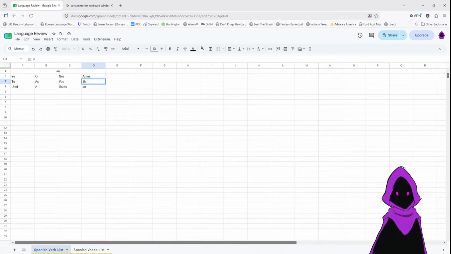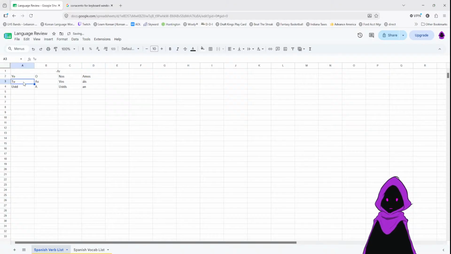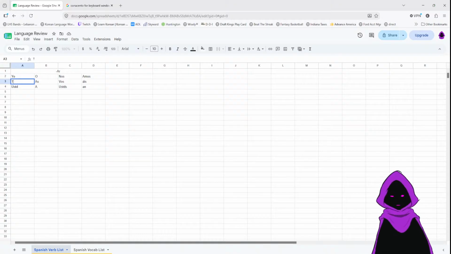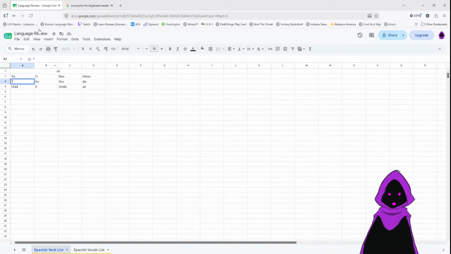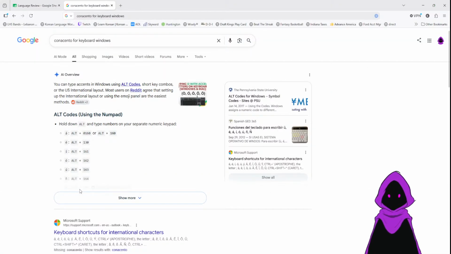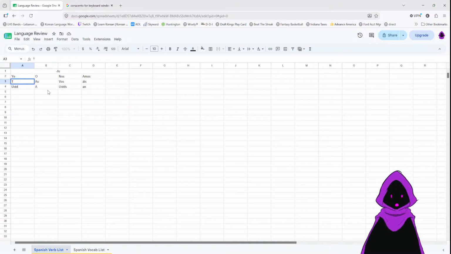Not here, it's not going to show me. Okay, oh, there it is. There's áis. And then over here for tú, Alt U. No, that gives it an A. So what is U? U is 163. These are weird combinations. We're just going to be copying and pasting that.